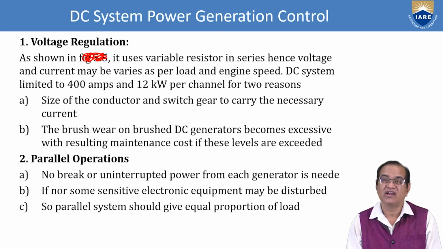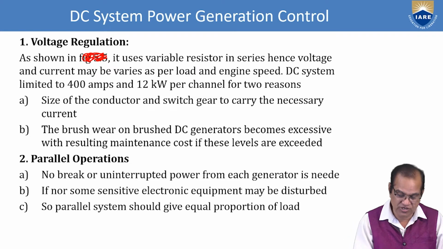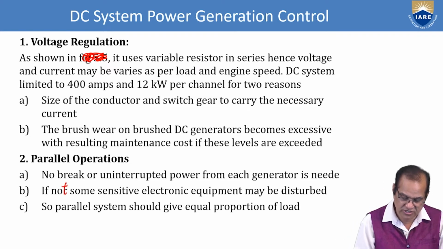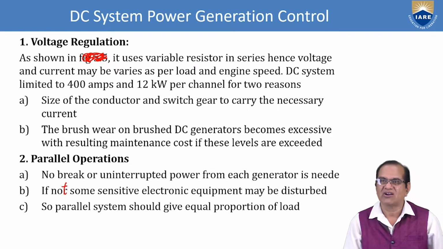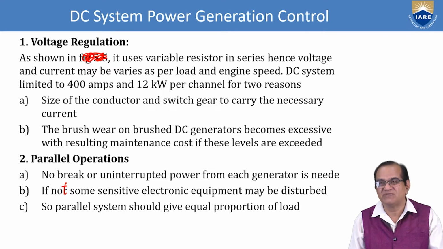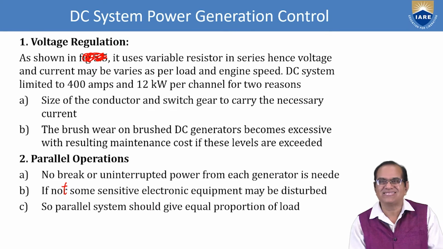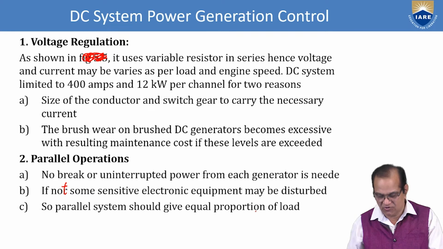If it is fluctuating, on and off, your fuses may go and your system may stop. So under any condition, uninterrupted power supply should be there. This is called the parallel operation. The parallel system should give an equal proportion of load to each and every system.